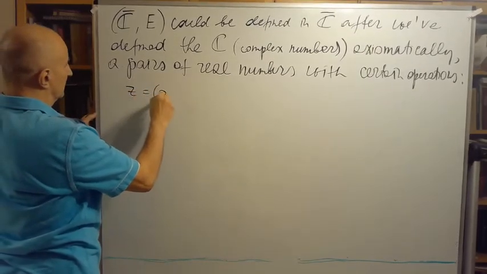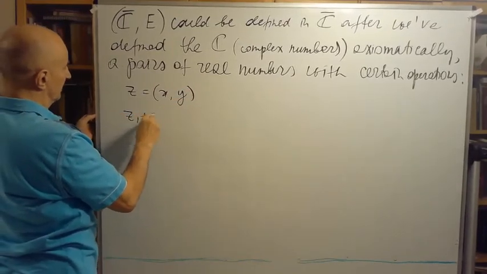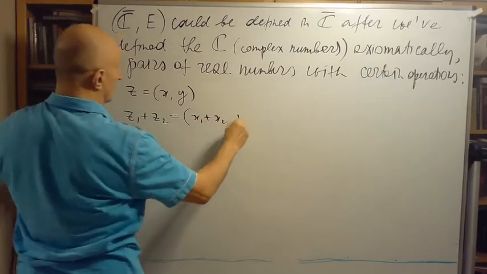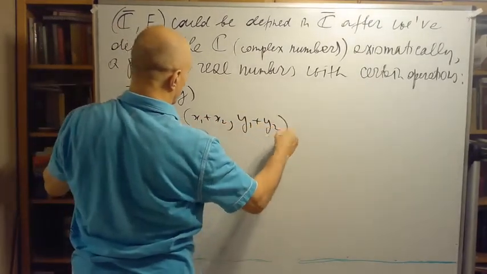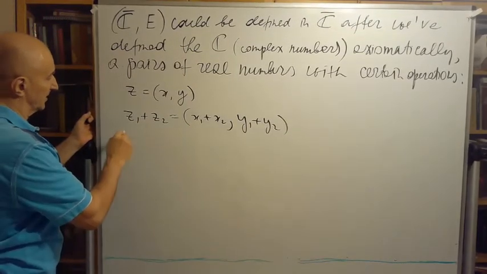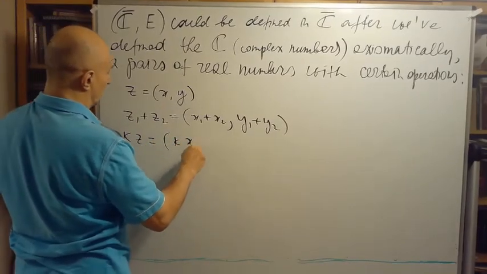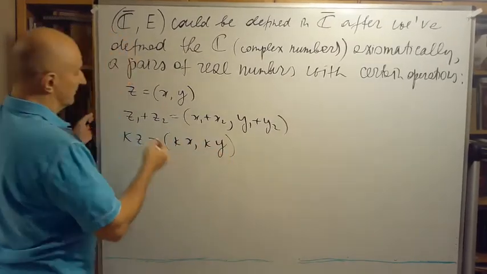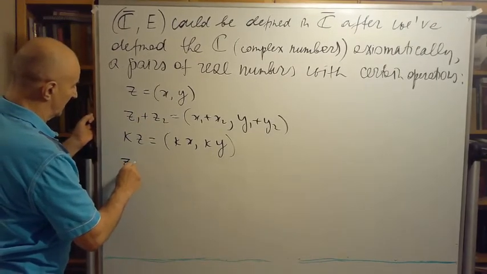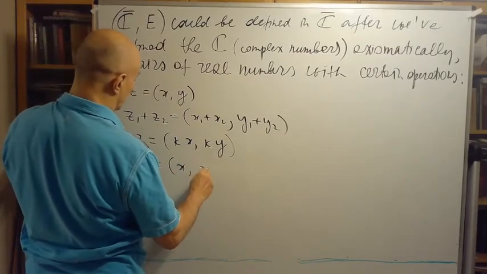Z is always a pair x, y, and when we add z1 plus z2, we will add x1 plus x2, y1 plus y2. When we multiply them by a real number, kz will be kx, ky.